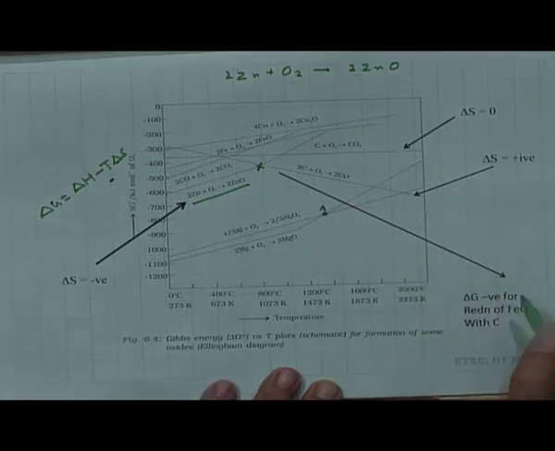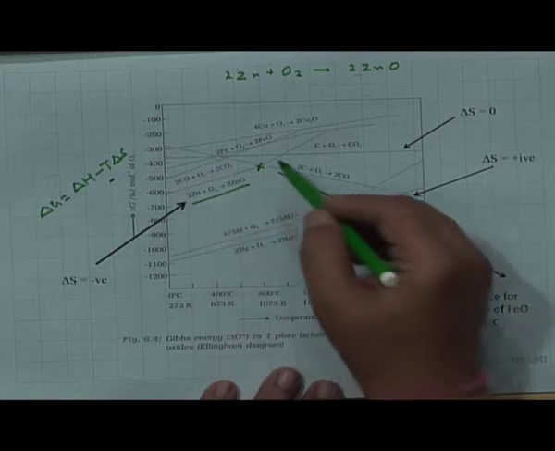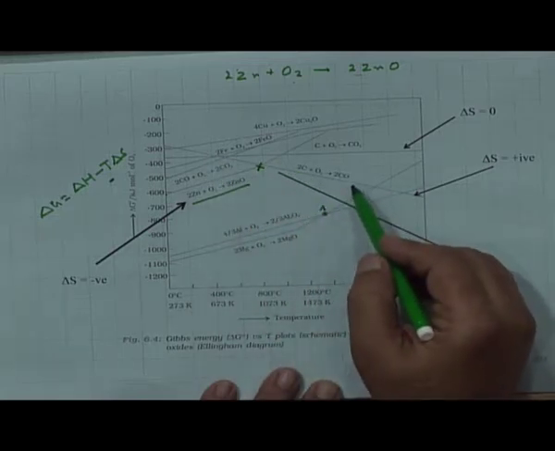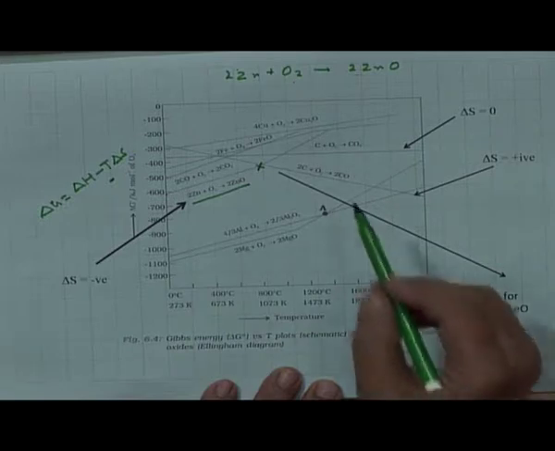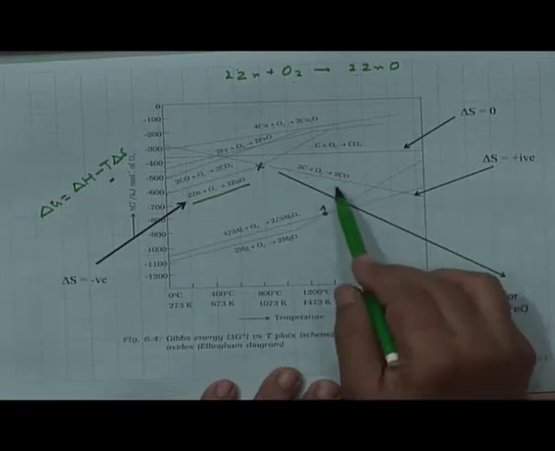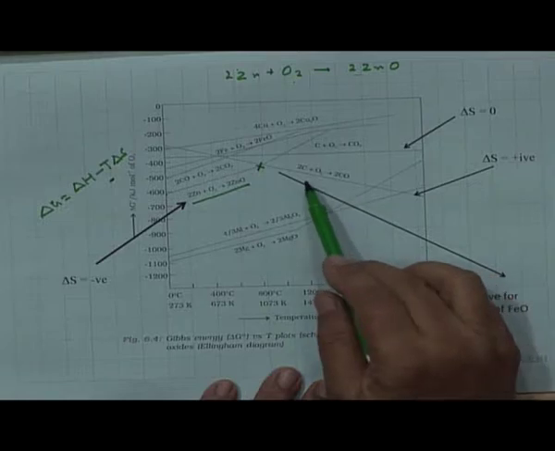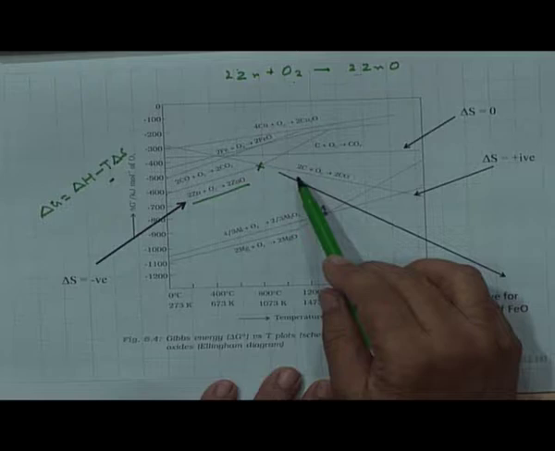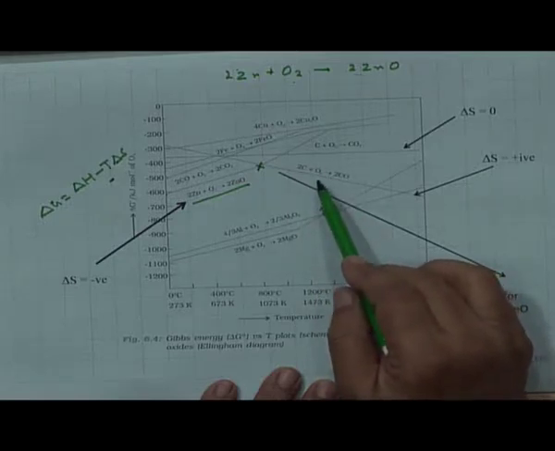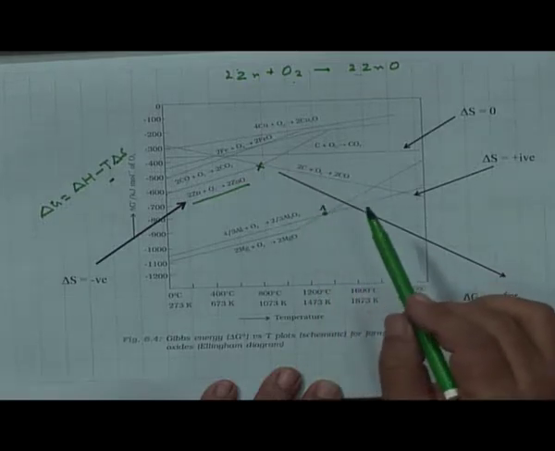Now, look at this. Here carbon is converted into carbon monoxide. Situation is different. Here for formation of carbon monoxide from carbon, delta S is positive. This is solid, 1 mole is converted into 2 moles of carbon monoxide.